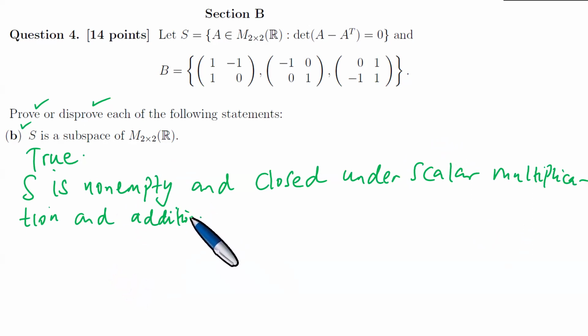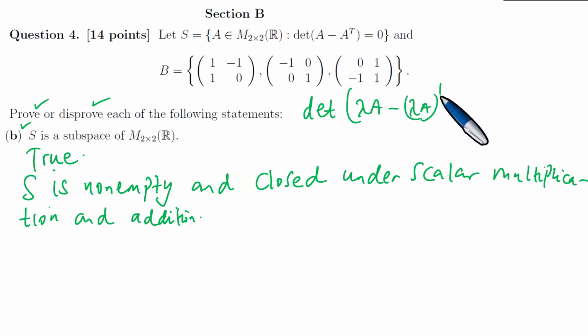How? Once a set is closed under scalar multiplication, if you look at the determinant of lambda A minus lambda A transpose, we showed that this was also 0. Therefore, it showed closure under scalar multiplication.